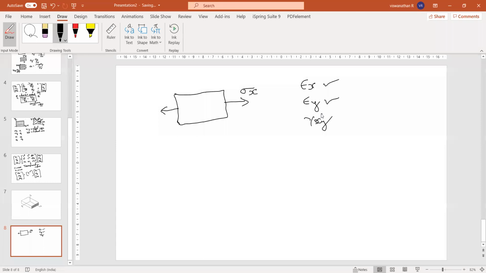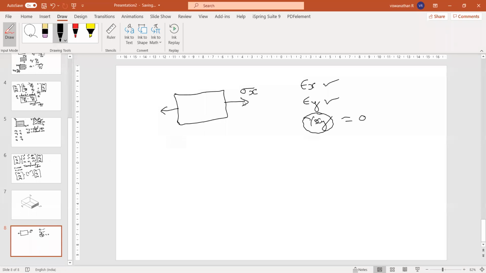What about this one? What is this? Gamma xy means what? Shear strain. Do you get this? No. Okay, you don't get a shear strain for an extensional stress.